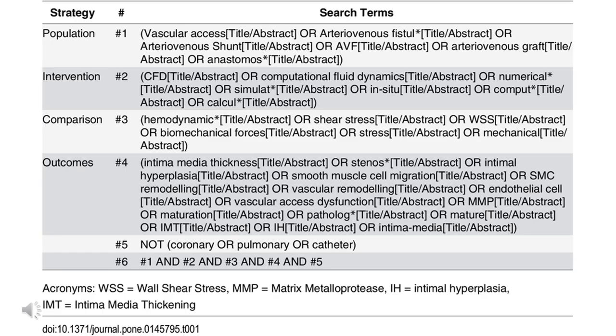Can you see how the operators are here used similarly? We always use and in between the different PICO blocks and or in between the terms within the blocks. You will not see an and in between the search terms per PICO block. Now, these were the Boolean operators.